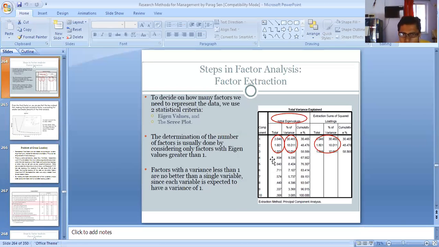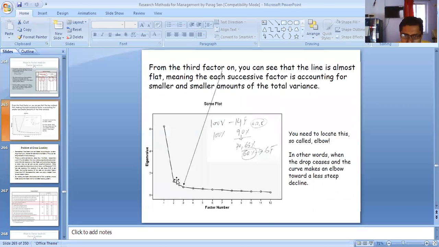Okay, and you will be plotting what is known as the scree plot, and you need to find the elbow. How is the scree plot drawn? You can see that along the x-axis the number of factors is represented, and along the y-axis the eigenvalues are represented.